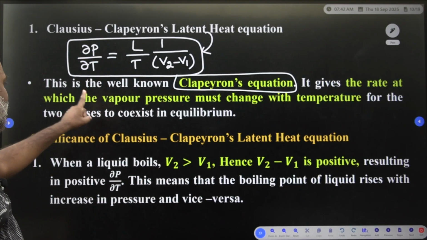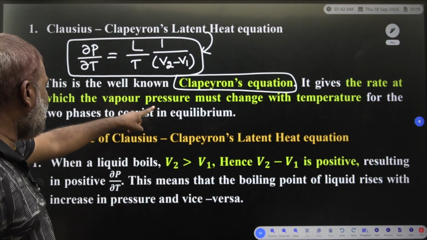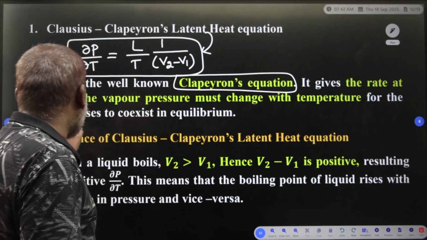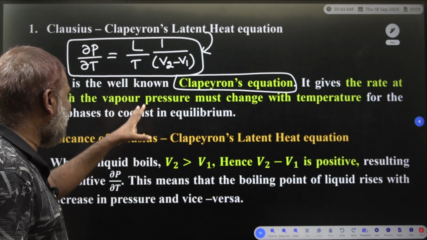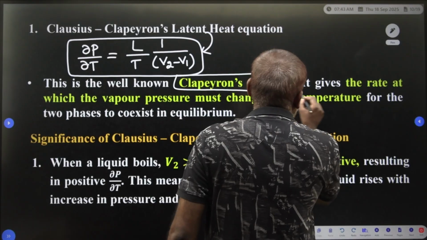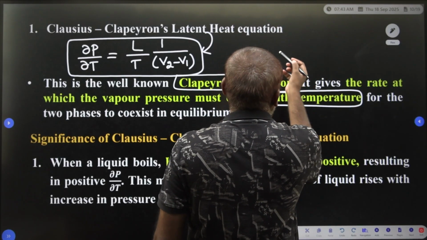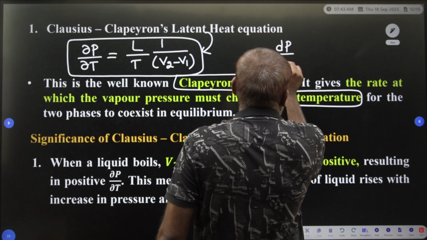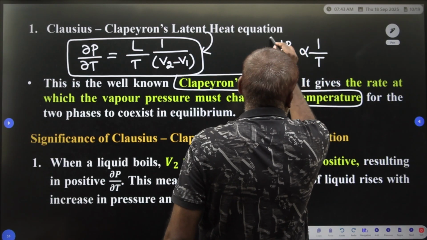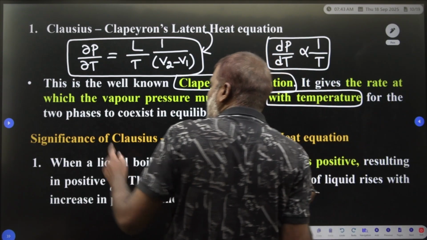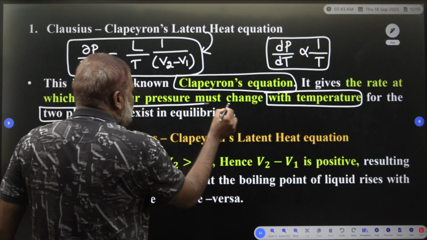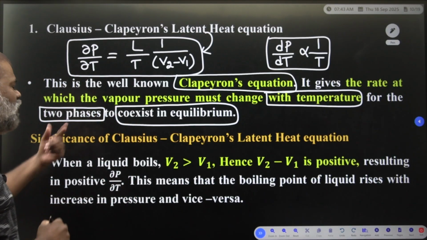It gives the rate at which the vapor pressure must change with temperature for the two phases to coexist in equilibrium. dP/dT, the rate of change of vapor pressure, is inversely proportional to temperature, and for two phases to coexist in equilibrium, this equation holds.